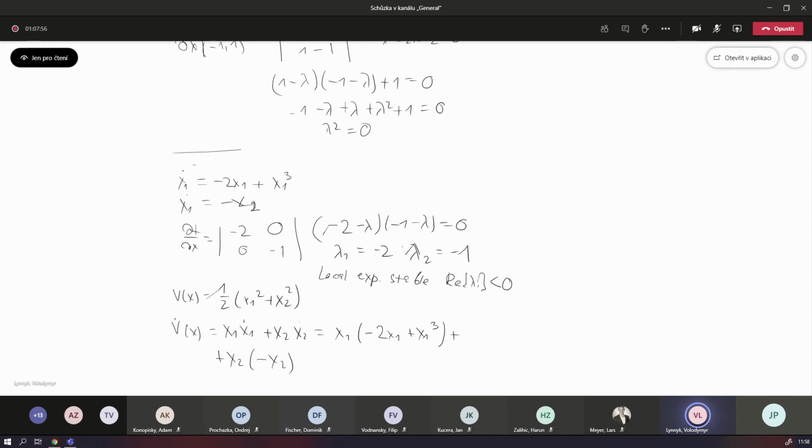Okay, and it's equal to minus 2x1 squared plus x1 to the 4th degree minus x2 squared.